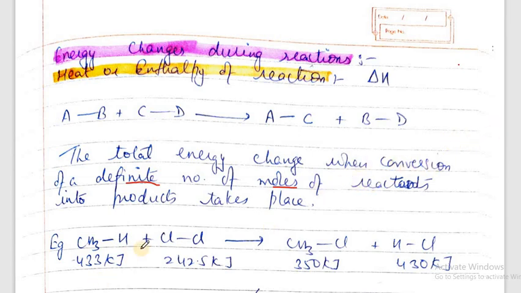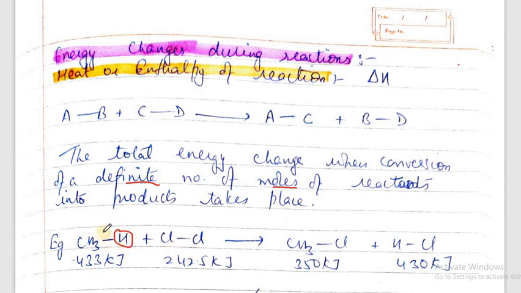So if we take an example, suppose CH4 is written in this way, CH3 with one bond shown like this, bond H, and Cl2, that is Cl single bond Cl, and then this H will be replaced by Cl.